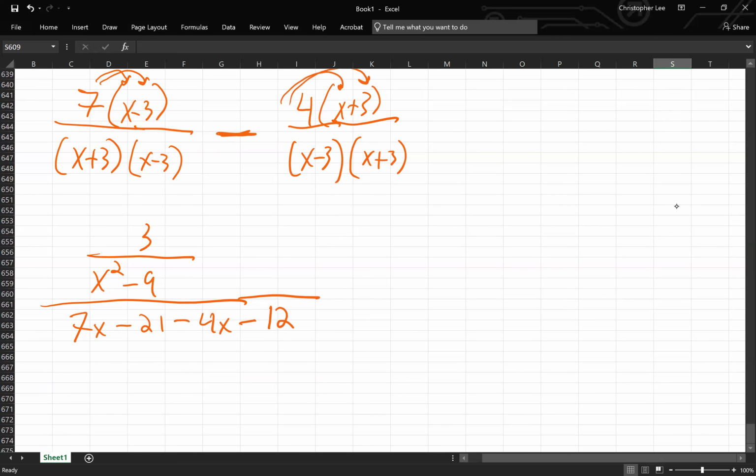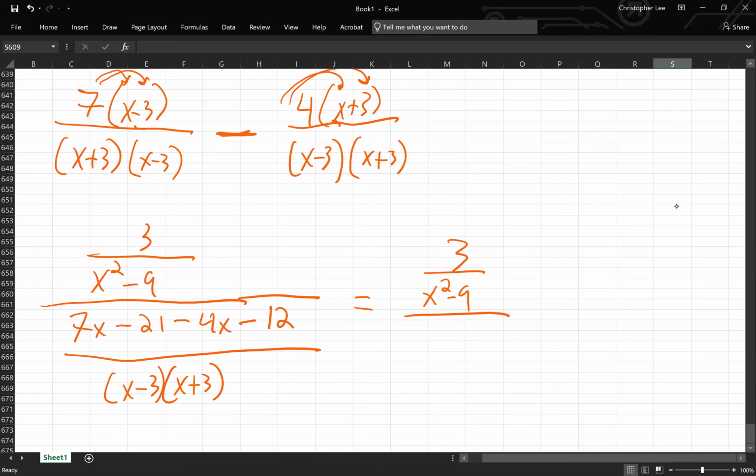Of course, all over the x minus 3, x plus 3. All right? Combine like terms to see what we get. I have 3 over x squared minus 9 over, what's this, 3x minus, I think it's 33, something like that. Right? Over the x minus 3, x plus 3.